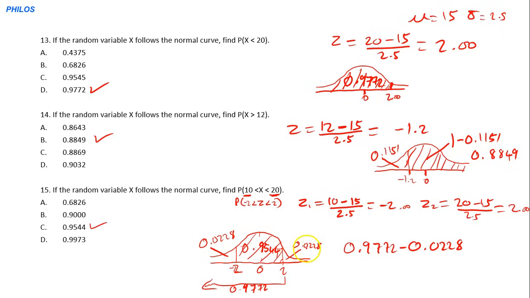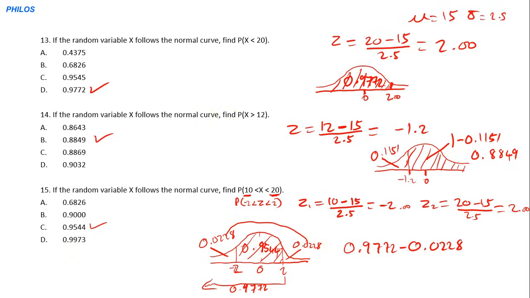So if this area is 0.0228, to get the area between, you can add this and this together. When you add them together, you subtract their sum from 1. You will get the same answer, 0.9544. You can try it and see. Do 0.0228 plus 0.0228. What you get, subtract it from 1. You get the same result here.